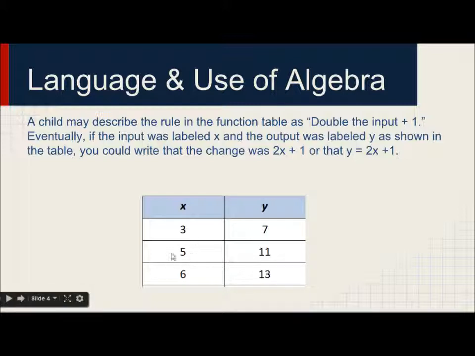The second example, double the input of x: 2 times 5 is 10, plus 1 is 11. So y is 11. Let's do another, 6. Double the input of x: 2 times 6 is 12, plus 1 is 13. So it gives y.